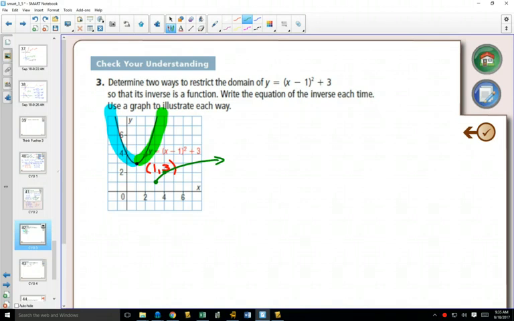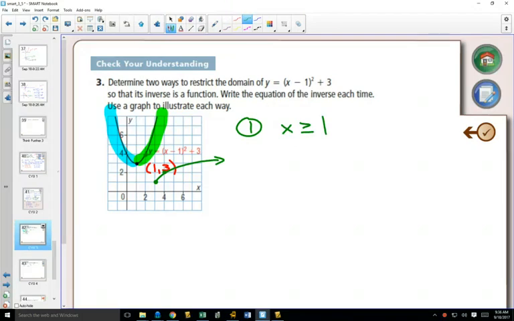And then if I just had the green graph, can you see that that green graph is a function? Okay? So one way, and we'll do it completely for the green section first, one way to restrict the domain would be to say that if I just want the highlighted green part, the x values would be bigger than or equal to 1.